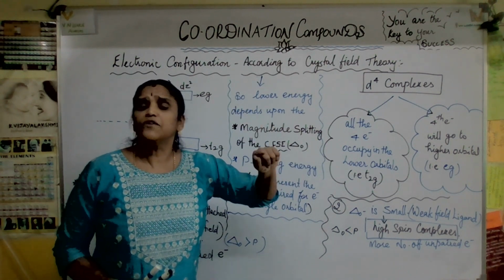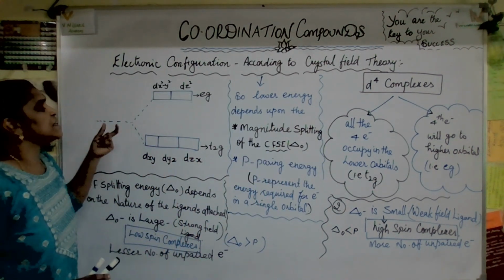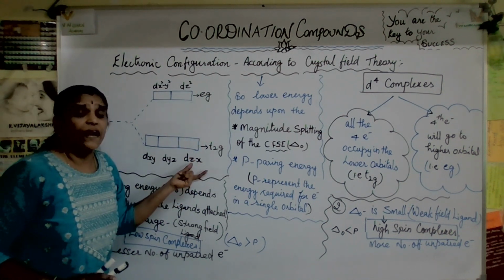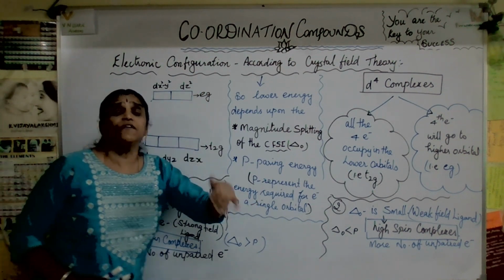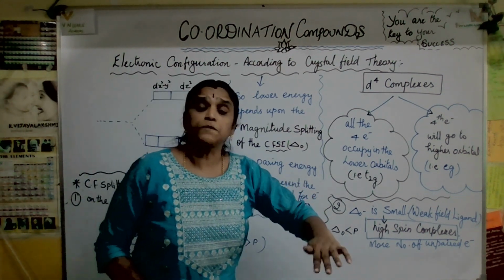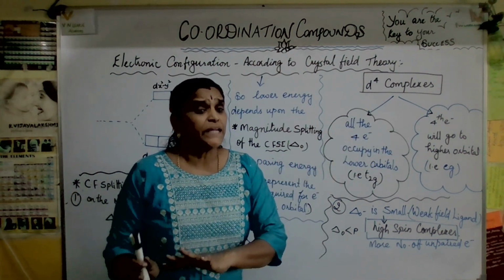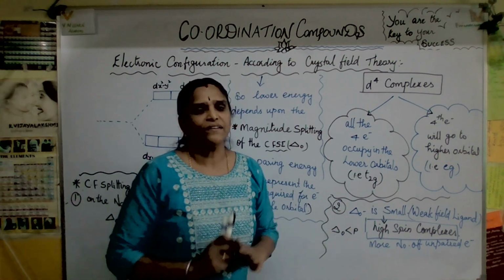Hund's rule says electrons fill the orbitals singly first, and extra electrons then go for pairing. The same applies here, but in CFT it depends on the nature of the ligand, whether electrons go to T2g or Eg, that is, the lower or higher energy level.